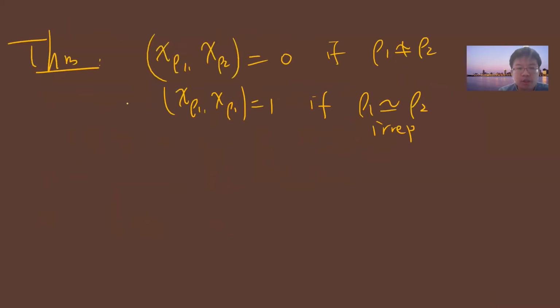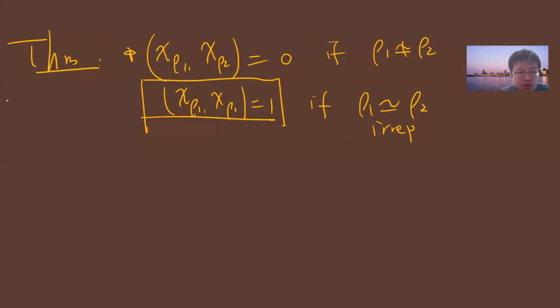The other case should be left as an exercise because it is not difficult, so I only prove this one. That one is easy because it is 0, so you can check it by yourself. Let's see what's going on. What is chi_rho1 of g?